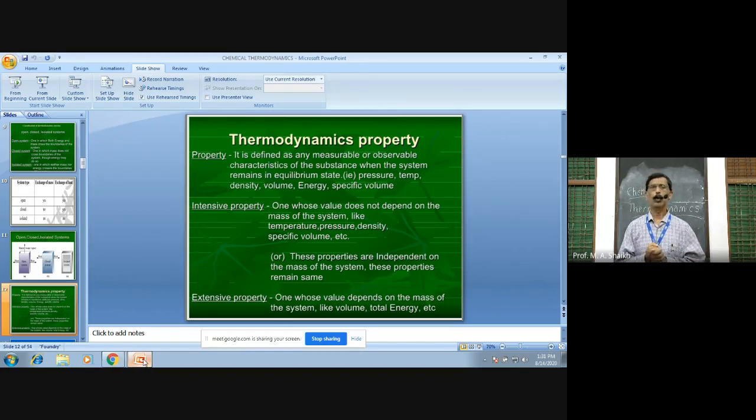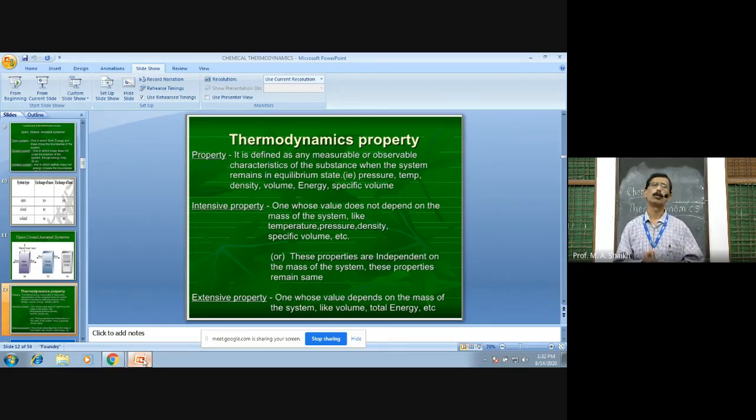Now, I am going to tell you 4 extensive properties. The first letter is E. Energy, enthalpy, internal energy, or only energy, enthalpy, entropy, and electrical resistance are also extensive properties.